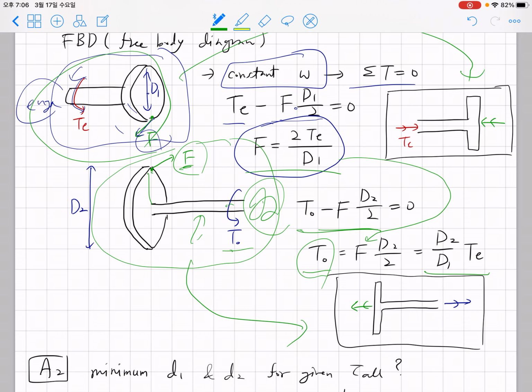Okay, so of course, by changing the ratio between the two gear sizes, you're going to have a different angular velocity ratio. If you choose a slow angular velocity but with a larger torque, you can have a larger ratio. If you want a faster angular velocity with smaller torque, you can have a smaller ratio between D1 and D2. Okay, that's what you are doing with changing the gears in your car, like gear 1, gear 2, gear 3, gear 4.